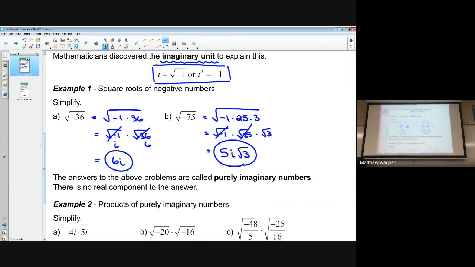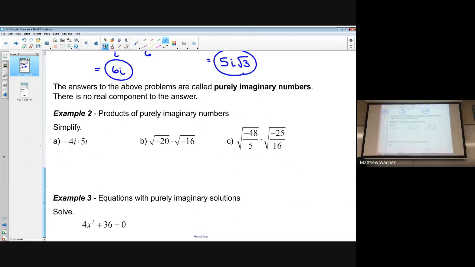So what we just found are purely imaginary numbers, right? Purely imaginary numbers are a subset of complex numbers. If you remember back to chapter 1, we had real numbers, and then we had complex numbers. Within real numbers, this is what you've talked about up to this point, we have rational and irrational numbers.